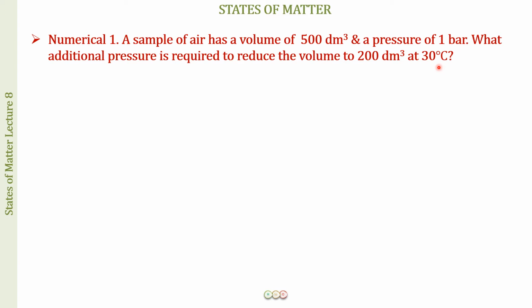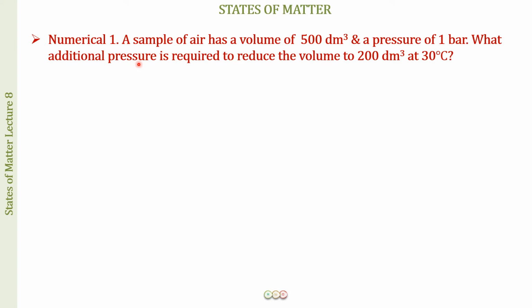Now when we talk about the solution of this question, first, we have a volume being decreased from 500 decimeter cube to 200 decimeter cube, and the pressure of 1 bar is being increased, and we have to find the additional increase in pressure.